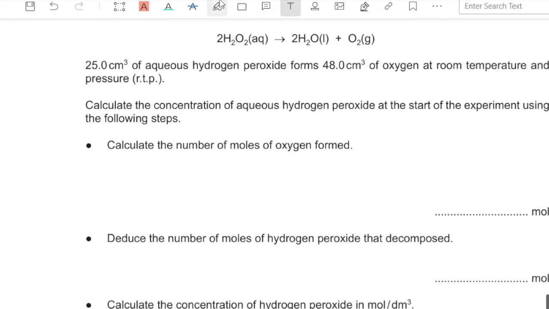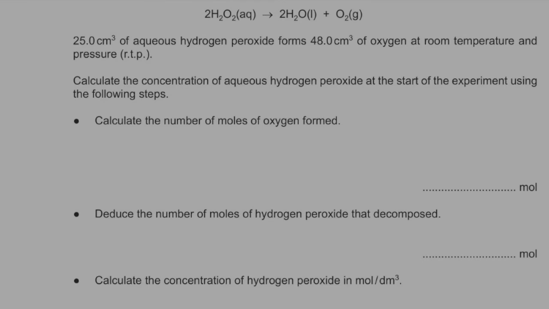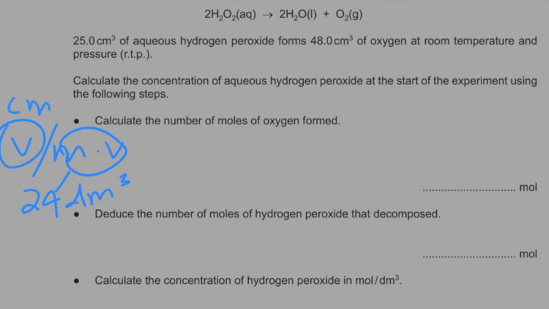Moles for a gas are equal to volume divided by the molar volume, which is 24 dm³ for every gas. But to calculate the moles, first we need to convert the volume from cm³ to dm³. Here the volume of oxygen is 48 cm³.